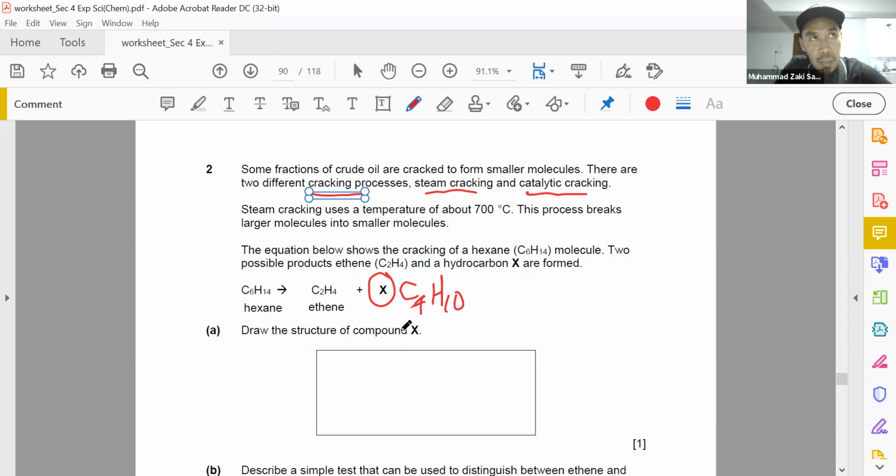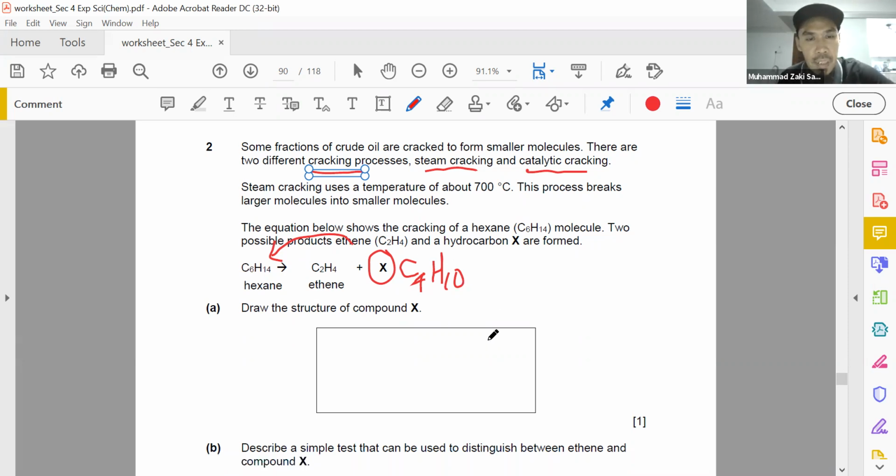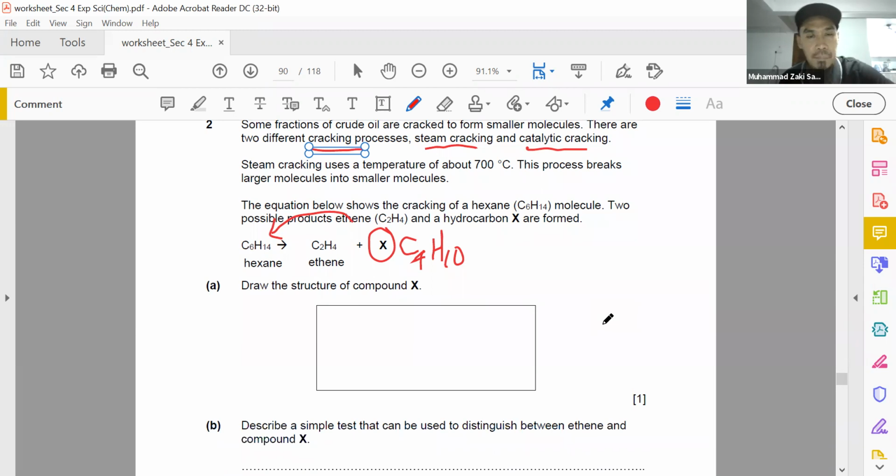Just like if you see a cracked window, the small pieces when you join them together should give the same whole window. Likewise for cracking an alkane, if you join the pieces together, you should have the whole thing here. So C4H10. Alkane or alkene? See the numbers: 4, 10 is not 4, 8. If 4, 8, then alkene. So this one is easier to draw.